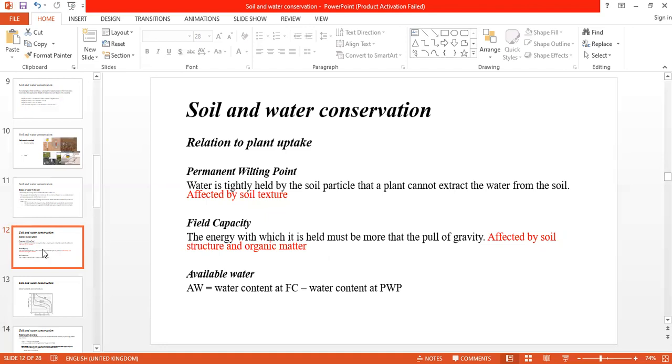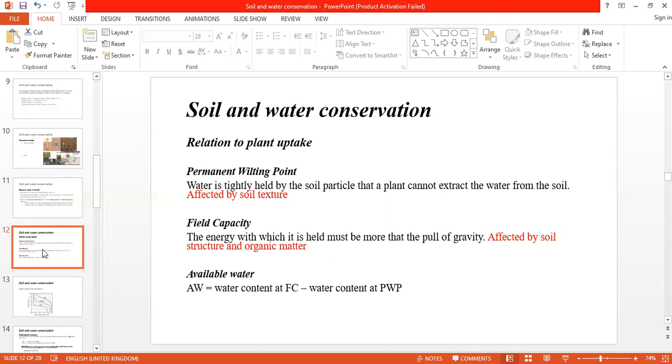Which is why it will be safer to use the matrix potential sensors than your moisture probes. Because for example, you can have a certain moisture content in the soil, which is held by the soil particles.